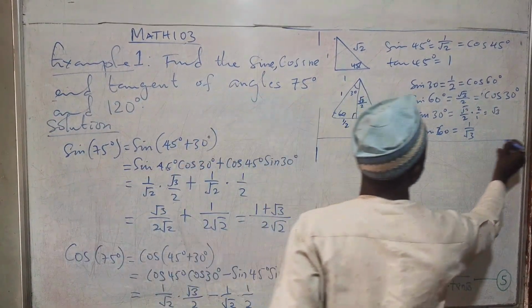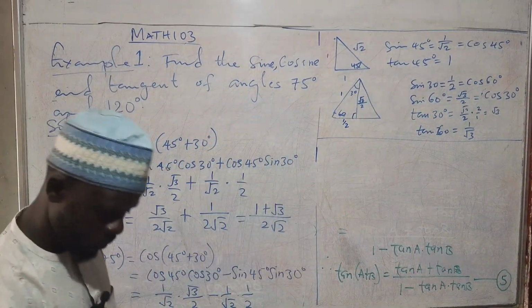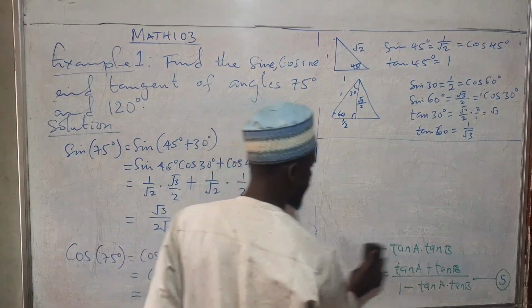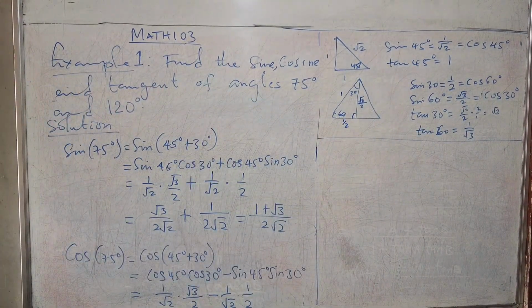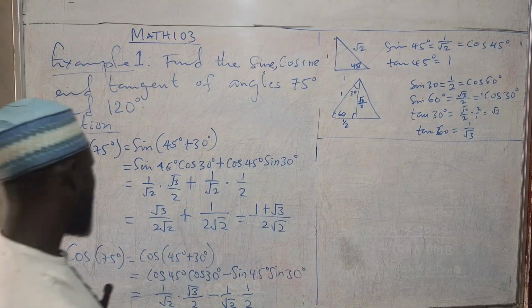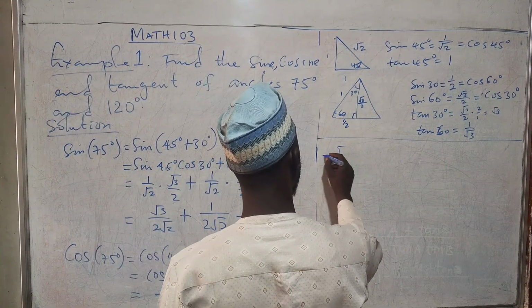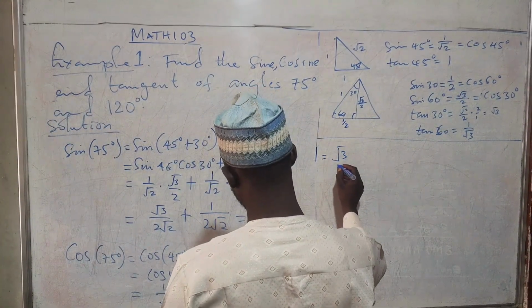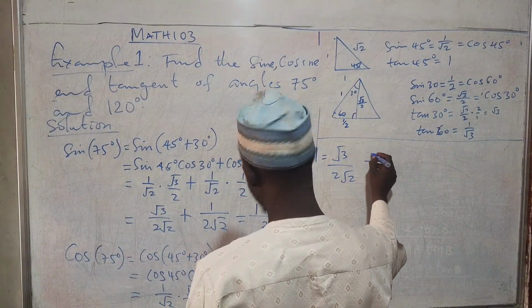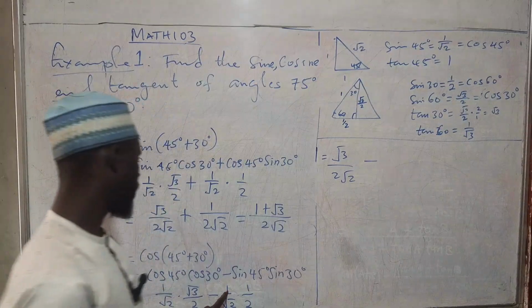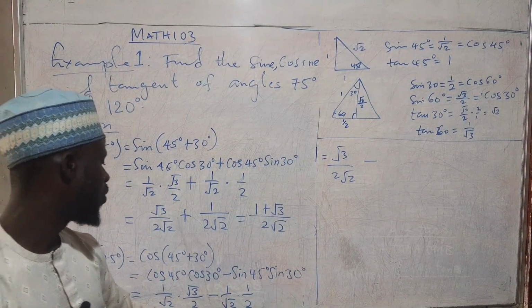So what I have is, I multiply, I have root 3, so this is equals to root 3 over 2 root 2, minus 1 over 2 root 2.